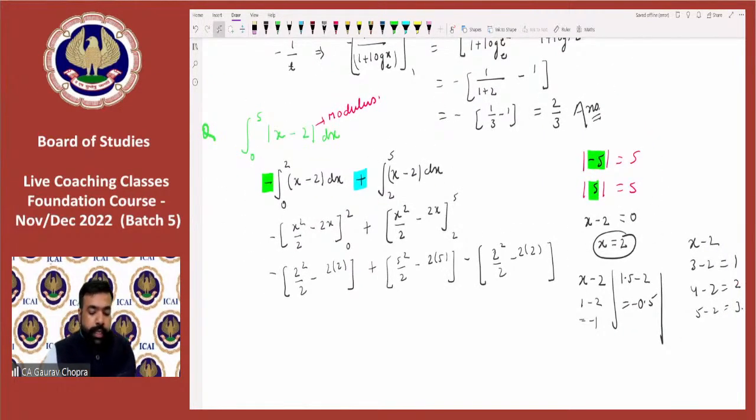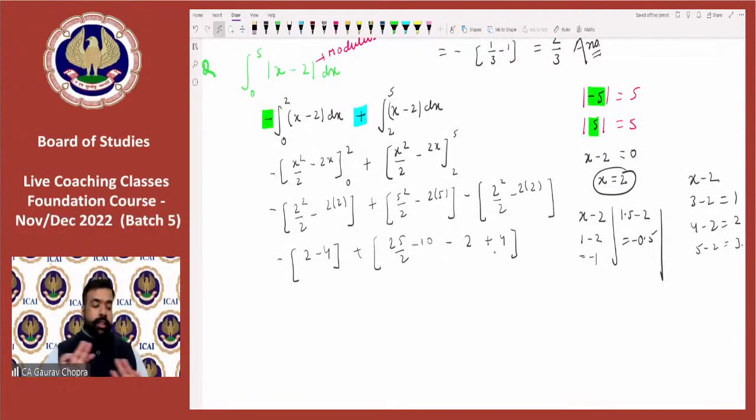So let's solve and get the result. This is 2 minus 4, then 25 by 2 minus 10, and then minus 4 by 2 is 2, and then plus 4. Now we can do the simplification. The final answer which we are getting is 13 upon 2, and Bhumika has given the answer.